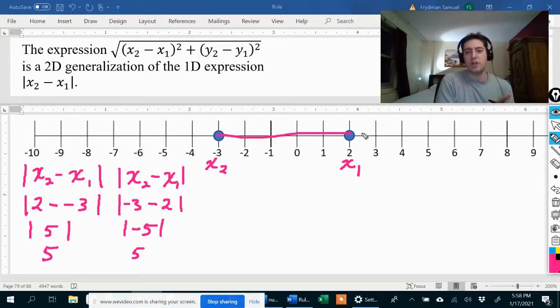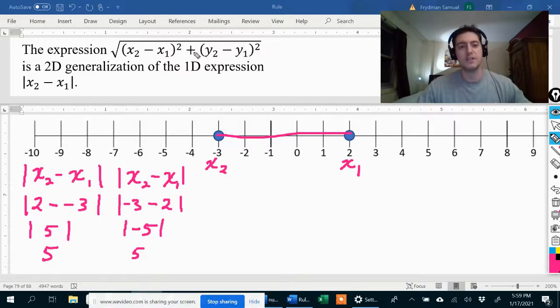So a generalization means that I can use this in place of this. If I have just 1 dimension, I can use this instead of this, and it will still work, but I can also use this for 2 dimensions. So it doesn't mean that this is only for 2 dimensions and I have to use this one if I'm doing 1 dimension. This being a generalization of this means that this one works for both.